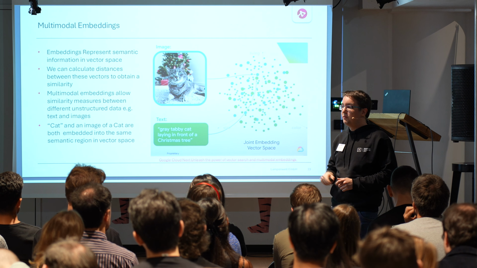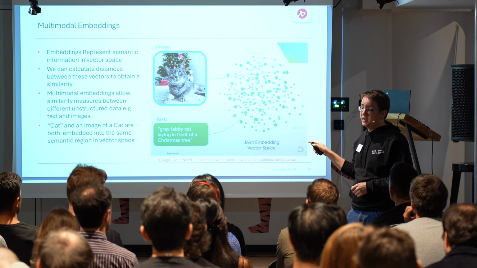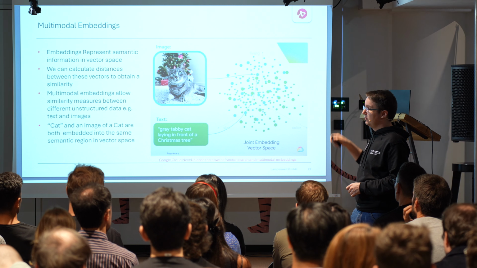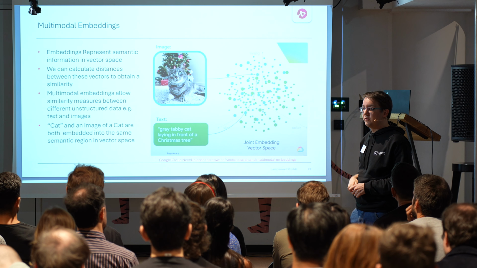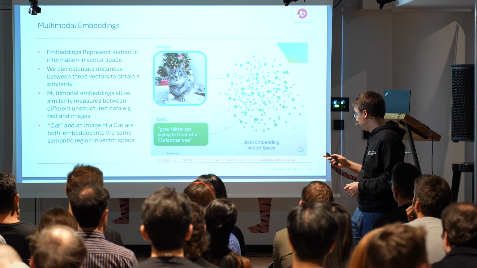So this means we can put in text and compare this to our image data by image embeddings and find actually similar images just based on text. So we can also use this for videos, for audio, for all kinds of unstructured semantic information.